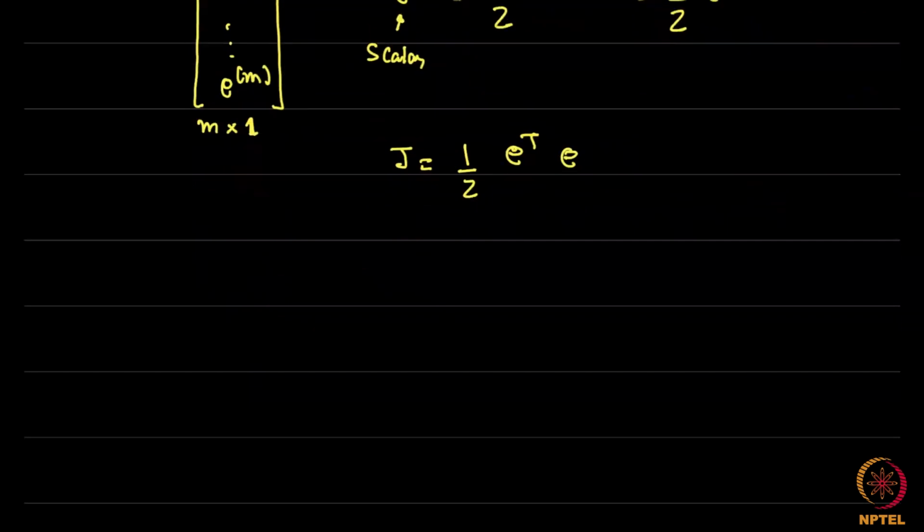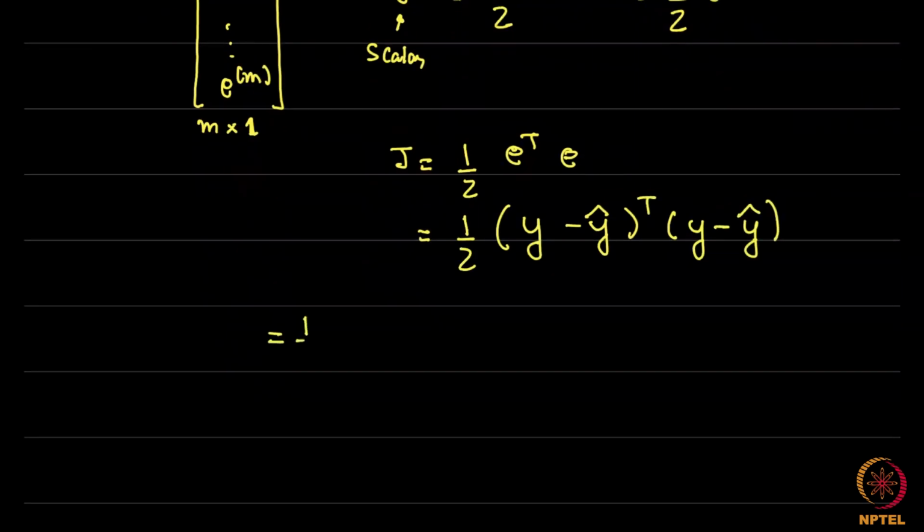Now, opening up E, this is half of (Y minus Y hat) transpose (Y minus Y hat). And we can open this up further. This is half of, let's take each term, Y transpose Y. So Y transpose Y minus the second term, Y hat transpose Y, minus the third term, Y transpose Y hat.